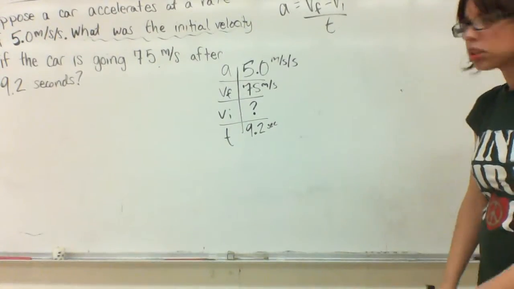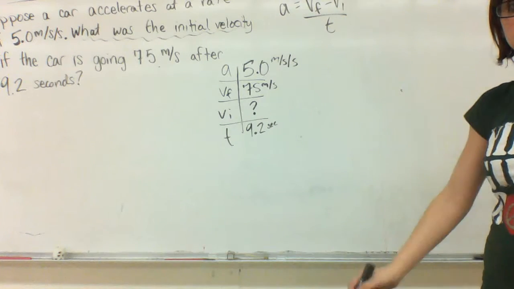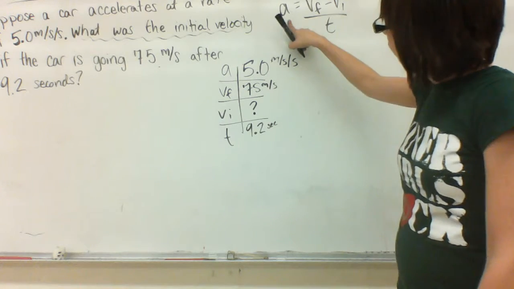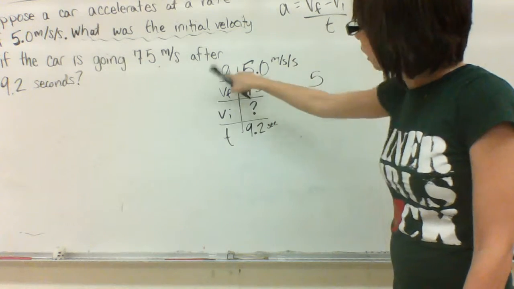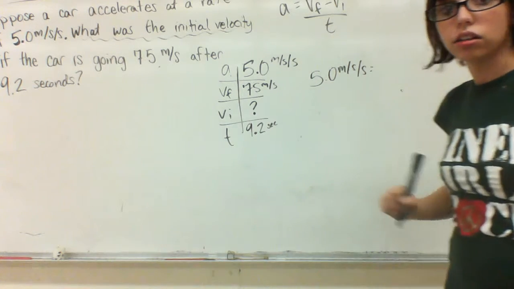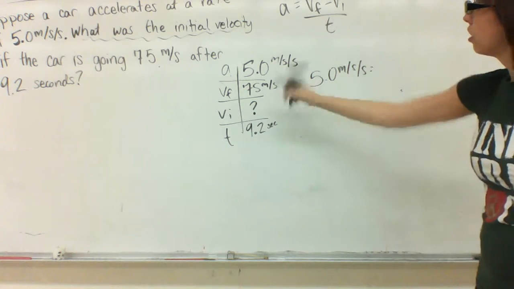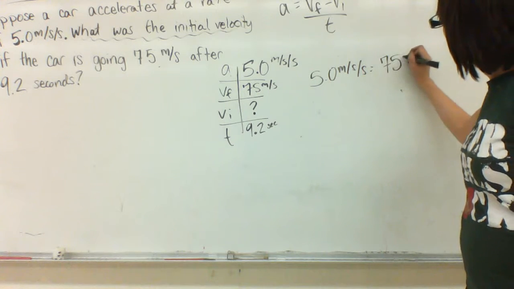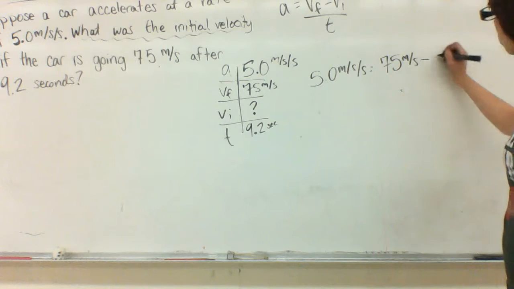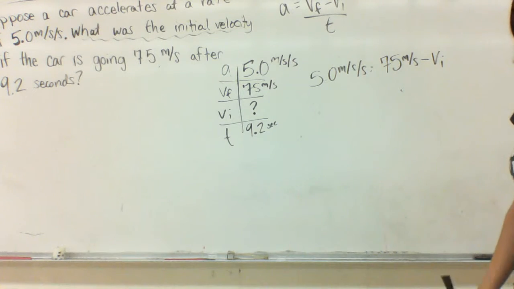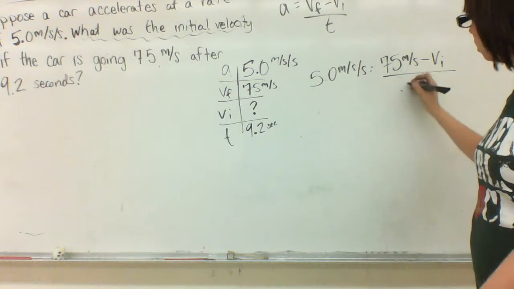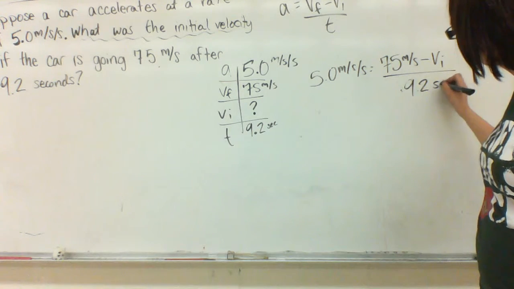So let's go ahead, I'm going to scoot you over. Let's plug what we know into our formula. So a, 5 meters a second per second, is equal to vf, 75 meters per second, minus, I don't know what vi is yet, so I'm just going to leave it as its letter vi, over t, 9.2 seconds.